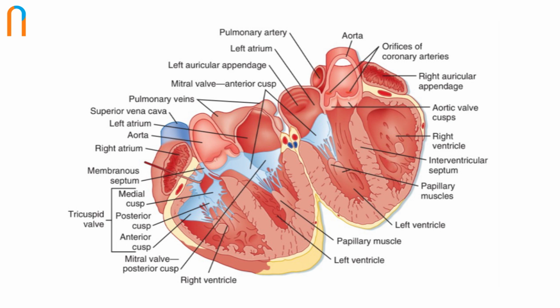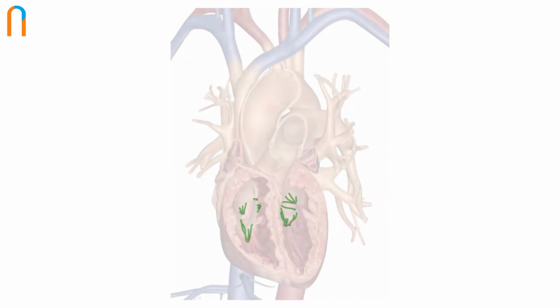Attached to the edges of these valves are fine, strong ligaments called the chordae tendineae that arise from powerful papillary muscles of the respective ventricles. Those ligaments prevent the valves from becoming everted during ventricular systole.